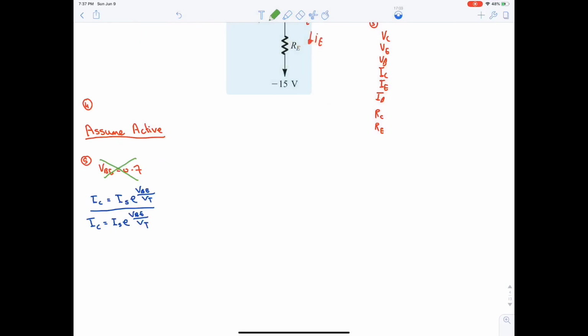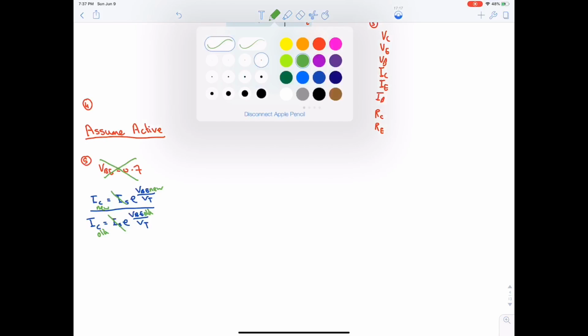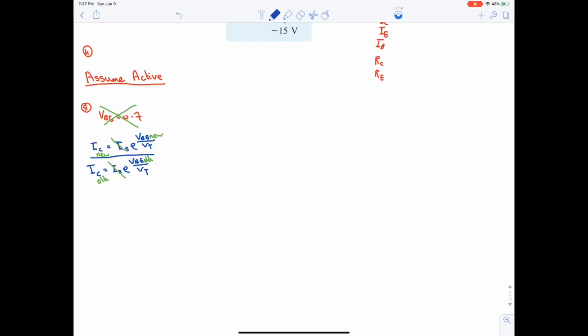IS and IS cancel each other out. The numerator is the new, denominator is old. So what are we trying to find out here? We are trying to find VBE new, which is equal to VBE old plus VT ln IC new divided by IC old.